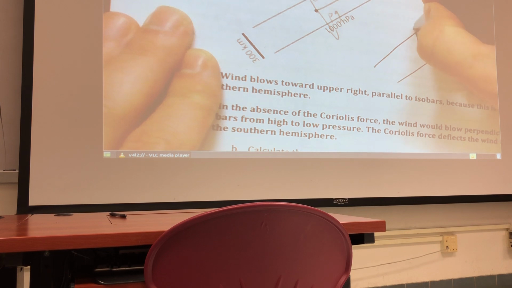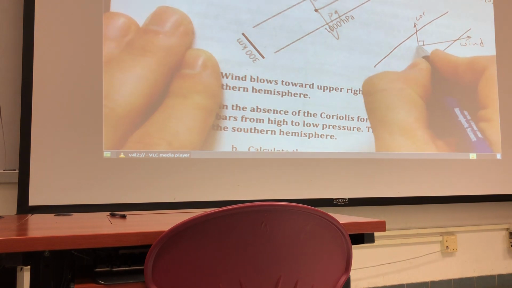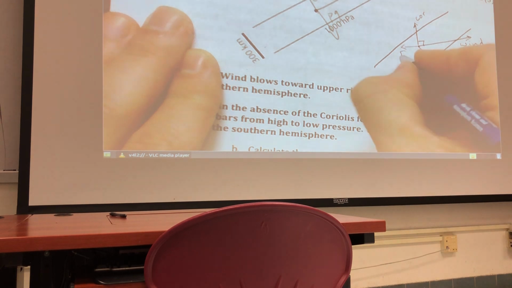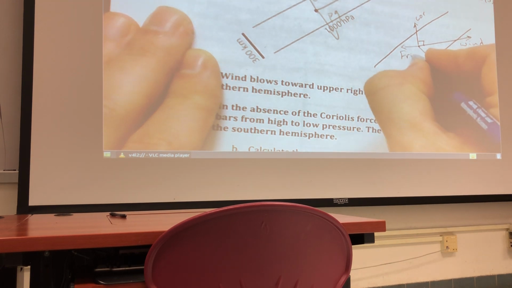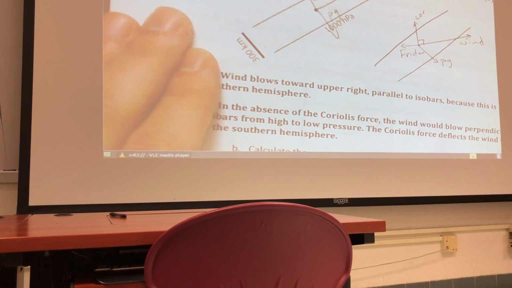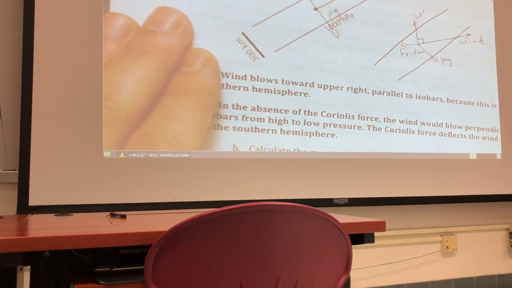Coriolis would be to the left of the wind at a right angle, and the friction would be opposing the wind direction. So we weren't looking for any quantitative answer here or even drawing those diagrams. I'm just emphasizing that when you add in the friction, the wind speed slows and the wind starts blowing across the isobars. So a little bit of additional context there.